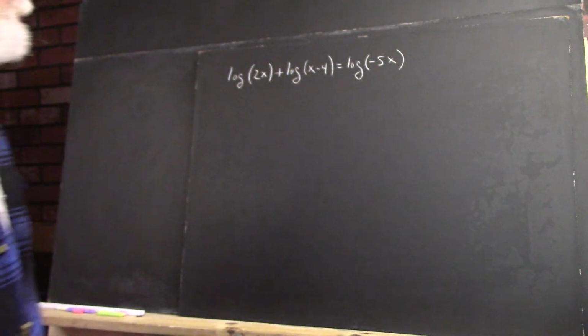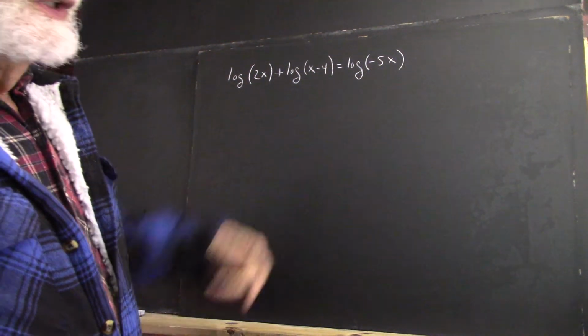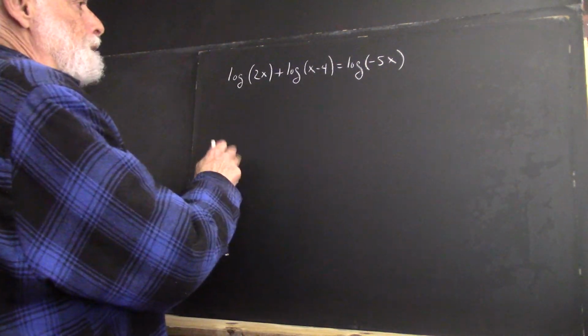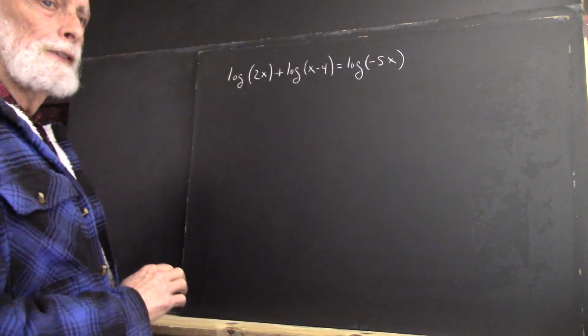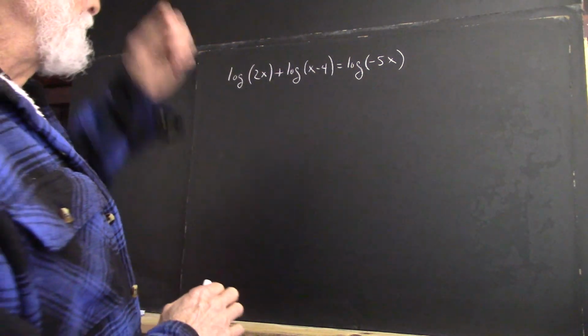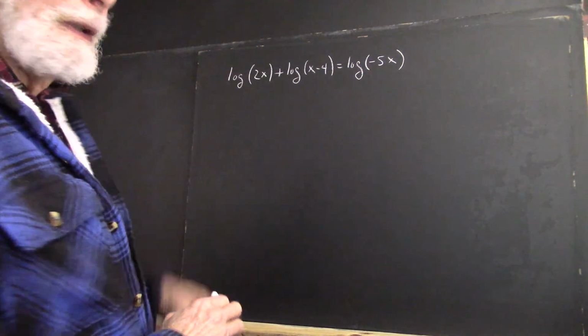Okay, here's one. We don't have just a number over here, you have a log. And the log could be to any base, and it's not really going to matter what the base is in this case. Not going to make any difference at all.